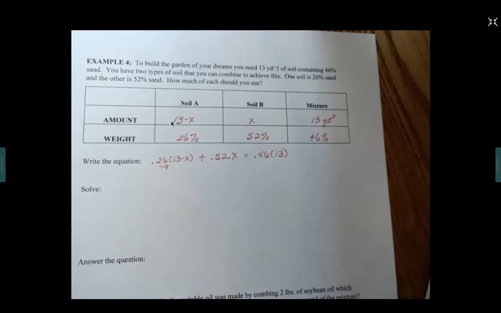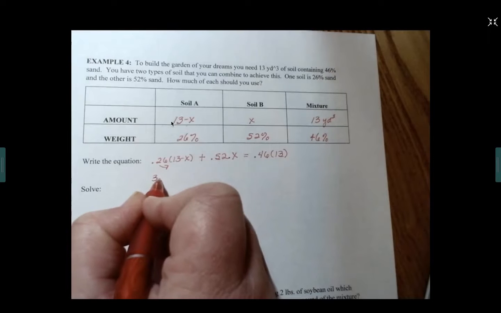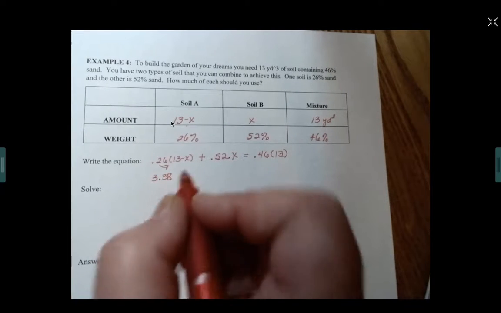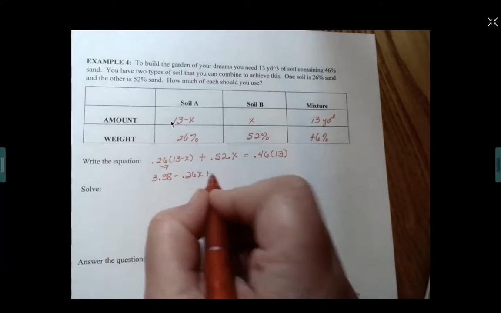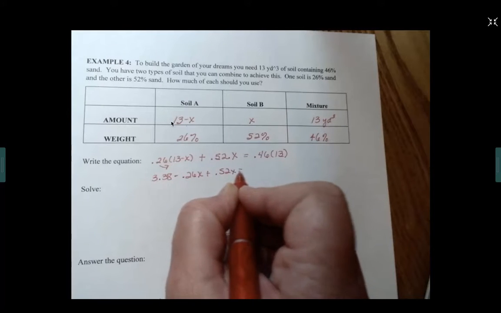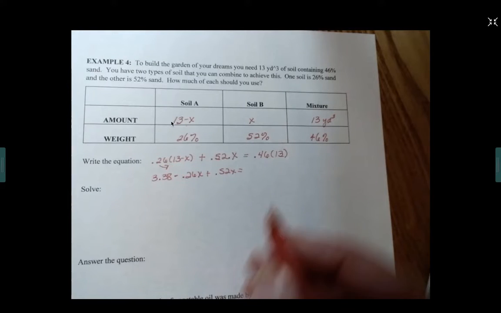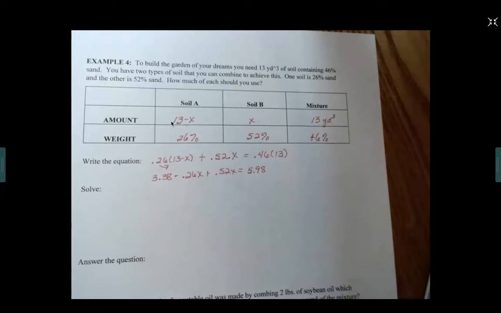So I have 0.26 times 13, or 26 hundredths, times 13 is 3.38, or 3 and 38 hundredths, minus 26 hundredths x plus 0.52x equals 5 and 98 hundredths. Now, once again, our x's are on the same side of the equal sign, so we can combine those.